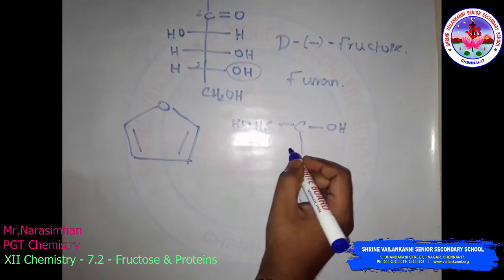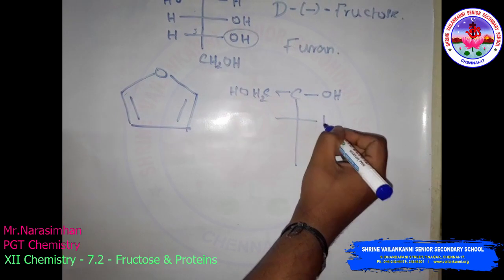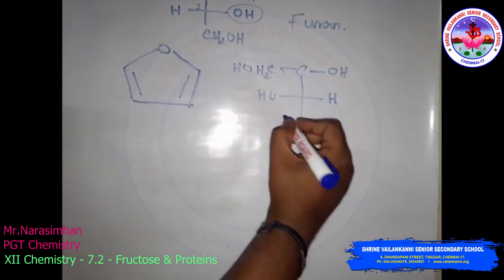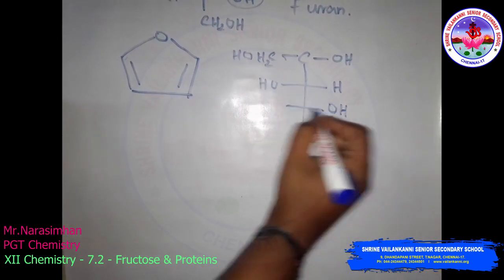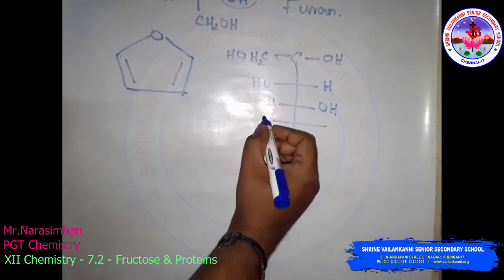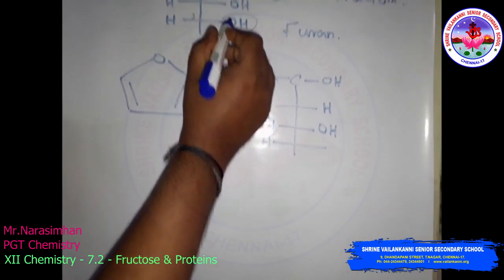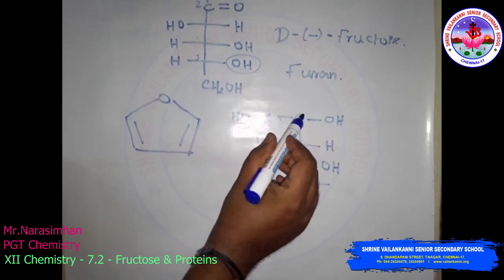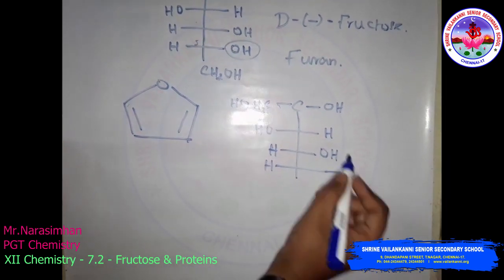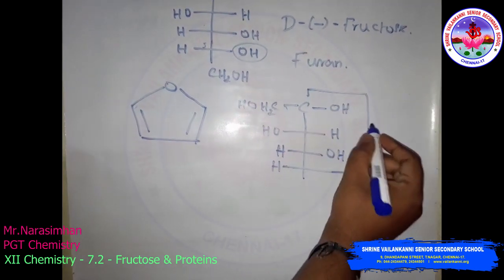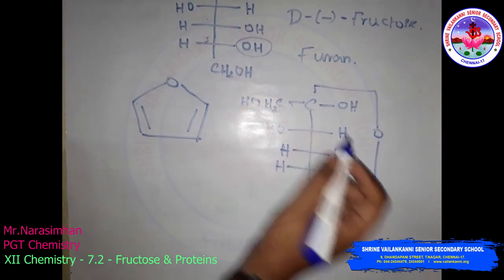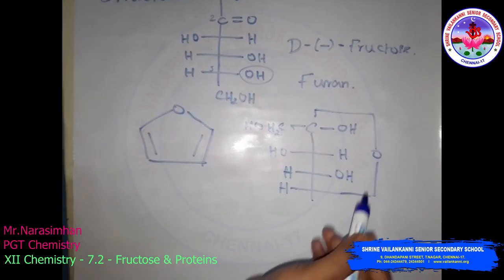Then hydrogen, hydroxide, hydrogen, then hydrogen. Here also a 5-member ring, 1, 2, 3, 4, 5, the fifth carbon links with oxygen, a carbon-oxygen linkage.